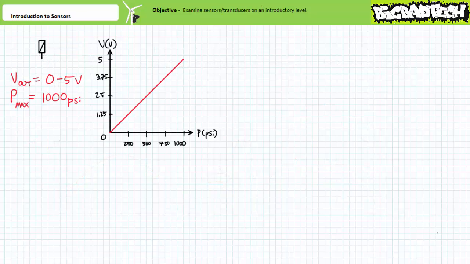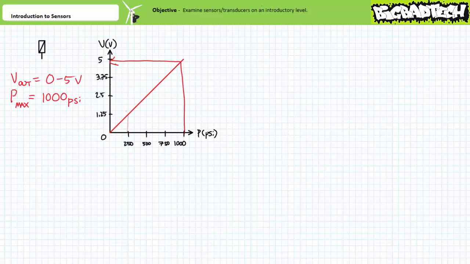For our example pressure transducer, if we assume it to be operational inside a range from 0 to 1000 psi and capable of producing a 0 to 5 volt output, an input of 0 psi would correspond to an output of 0 volts, and an input of 1000 psi corresponds to an output of 5 volts.